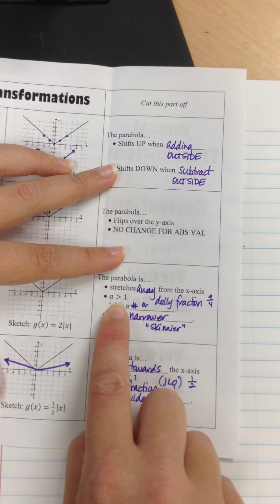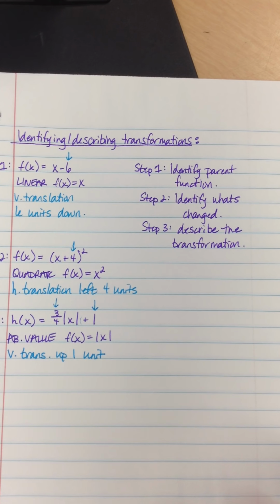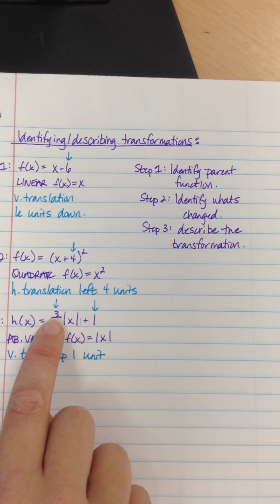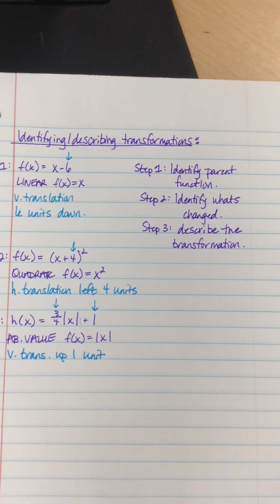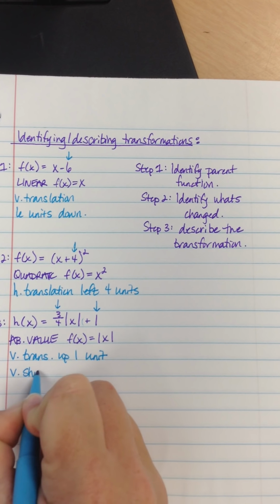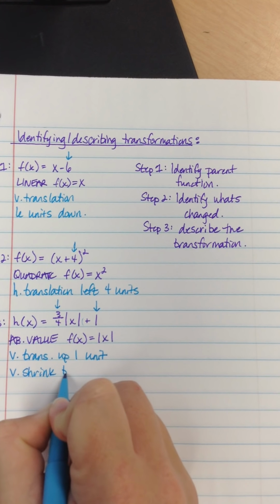If it's between 0 and 1, I have a shrink, or the JLO fractions. This is a JLO fraction, heavier on the bottom than it is on the top. Also, 3/4 is between 0 and 1, it's a fraction. So this is a vertical shrink by 3/4. And that's it.